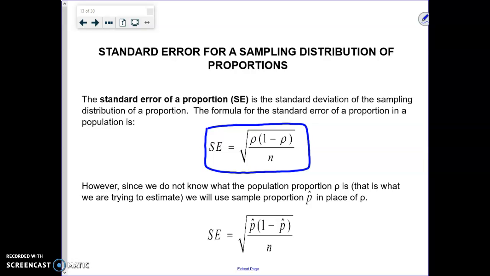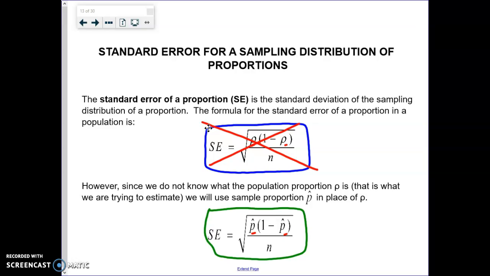Remember, the best estimator of the population proportion is the sample proportion. So we're actually going to use this formula for our standard error. Notice it's the same formula as above, but we're estimating the population proportion with p hat, the sample proportion. So we're not going to use the one with rho because we don't know what rho is. We are going to estimate it by using the square root of p hat times 1 minus p hat, all over the sample size. So again, this right here is going to be our standard error.